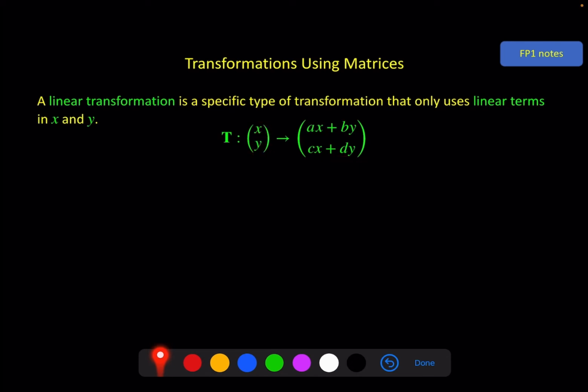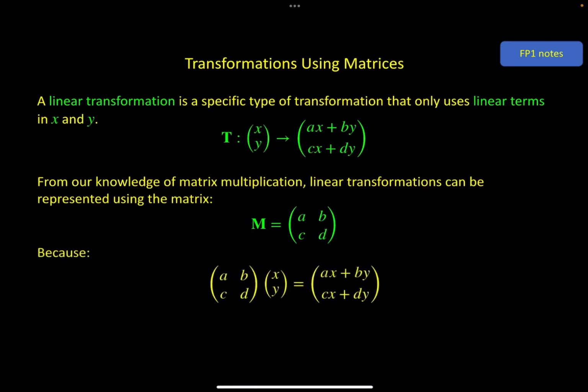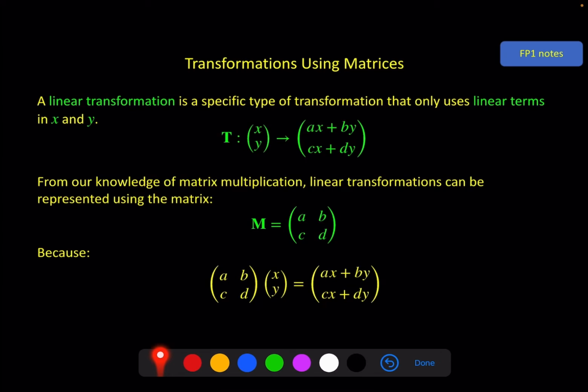And part of the reason for that is because this is such a useful form of a matrix applying to (x, y), because from our knowledge of matrix multiplication, you can find this just by using the matrix (a, b, c, d), using the coefficients of these things here, because we know that this is how matrix multiplication works. If you apply this matrix onto (x, y), you have to do a times x plus b times y to get this element, and c times x plus d times y to get this element.